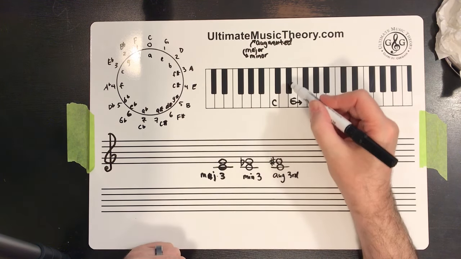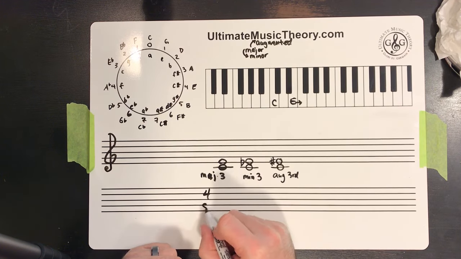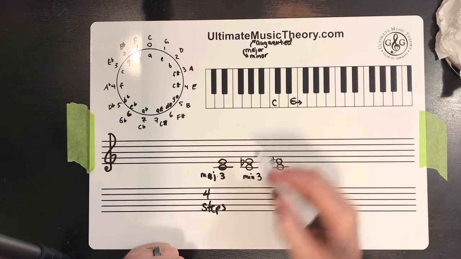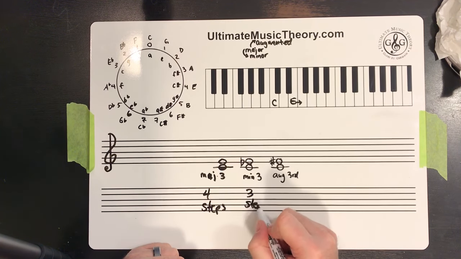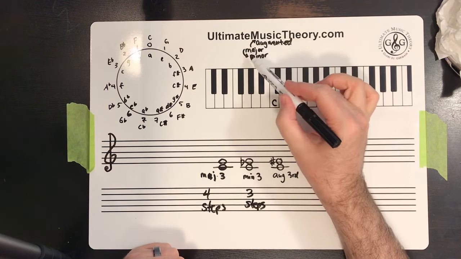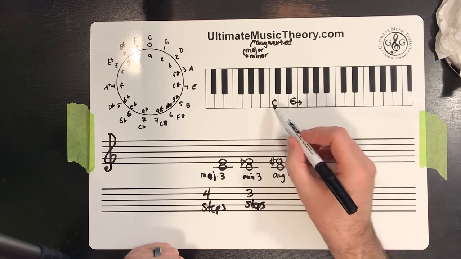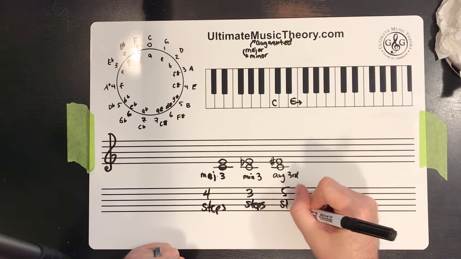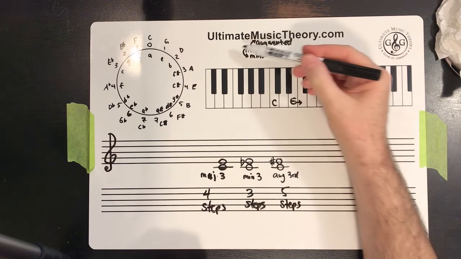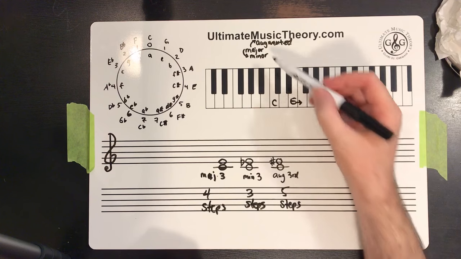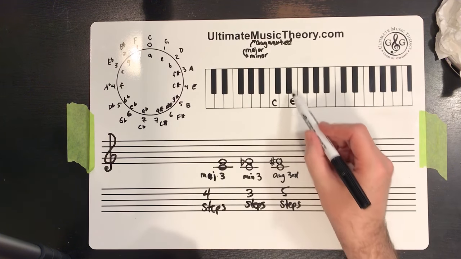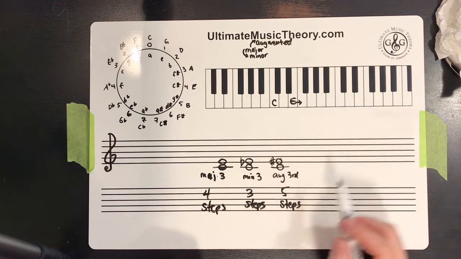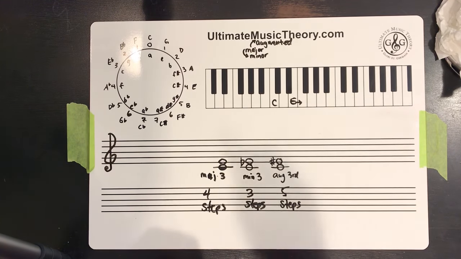This is 1, 2, 3, 4, which is 4 steps. A minor, 1, 2, 3, is only 3 steps. It's lower, it's smaller, and an augmented is 5 steps. So we've gone from major, which is home base, we can go down 1 step or 1 semitone to E flat, or we can go up 1 step to E sharp to make it augmented.